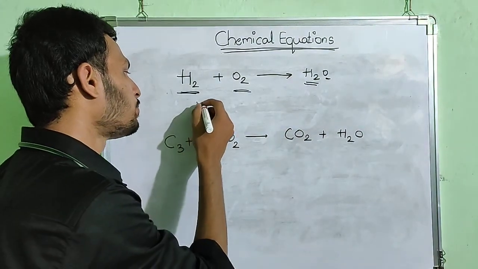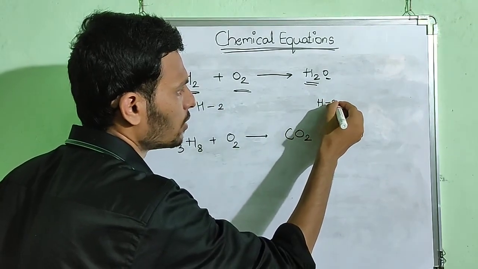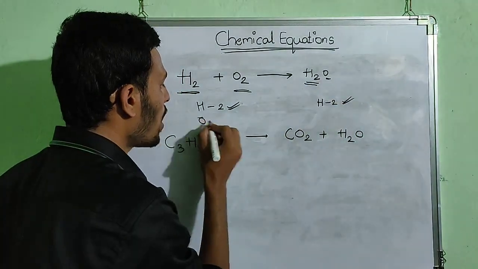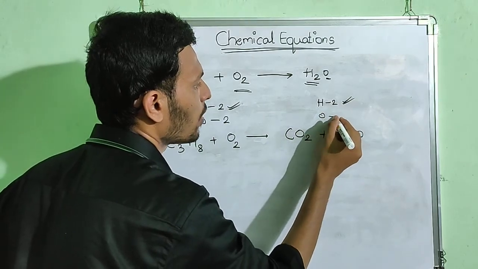Two hydrogens here and two hydrogens there, satisfied. For oxygen, we have two oxygens here but only one oxygen there.